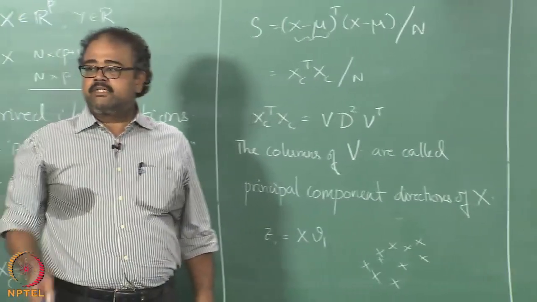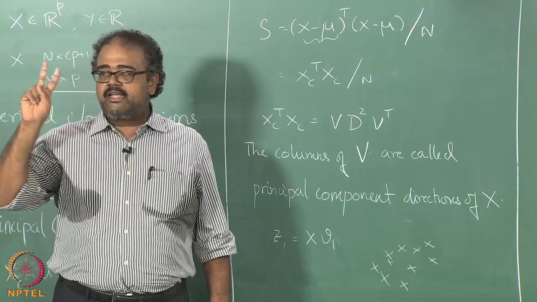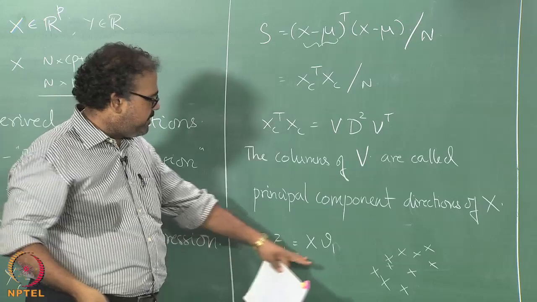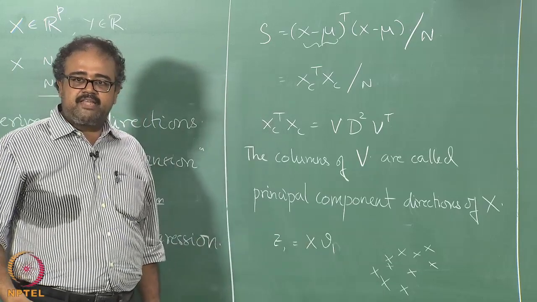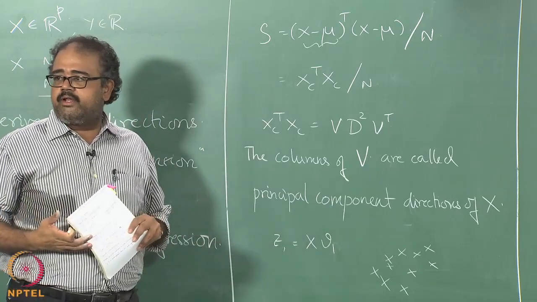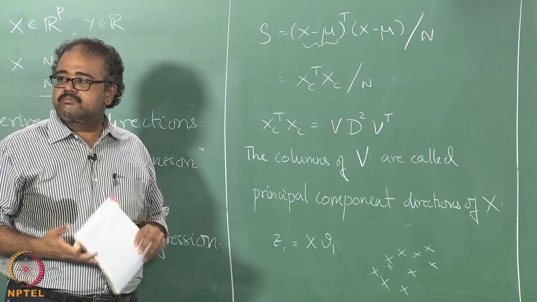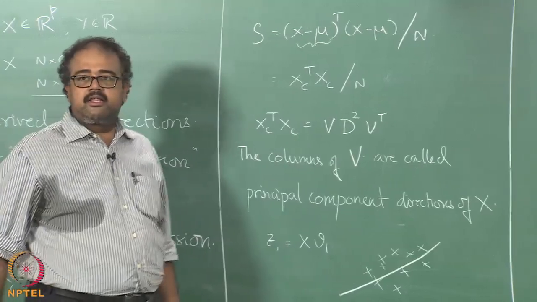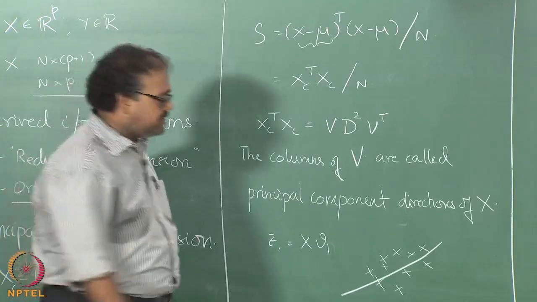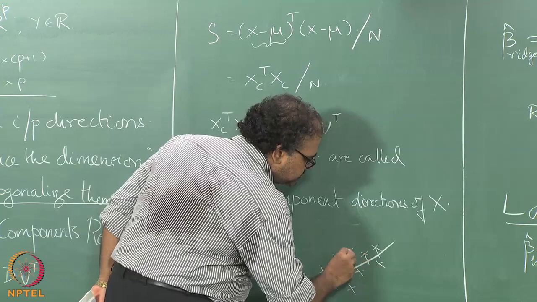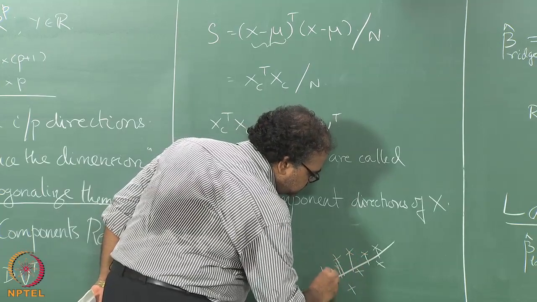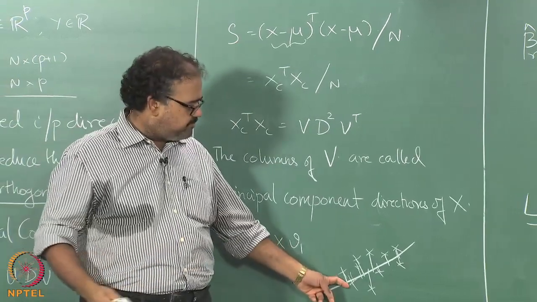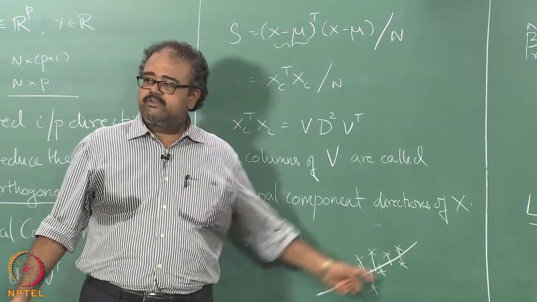Suppose this is x, a 2-dimensional x. Now I am claiming that V1 will be such that when I project x onto V1 I will have the maximum variance. In this case it will be some direction like this, and projecting x onto this essentially means that you can see the data is pretty spread out, it goes from here to here.